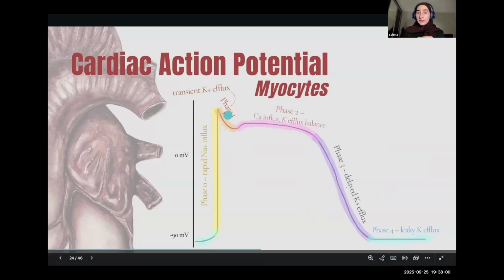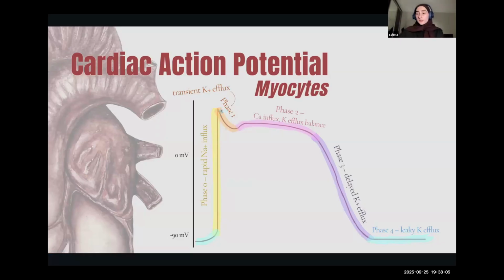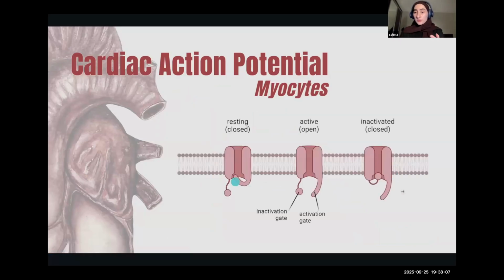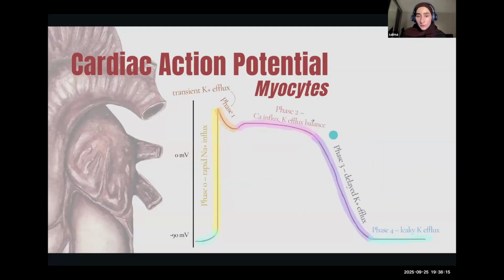However, once you're at a positive membrane potential, once you're all the way up here, the channel is just going to shut. As you can see, it has two gates, this one and this one. Once this gate shuts down, it will not open up until you have a negative membrane potential again. So it's going to be inactivated from here all the way up to around here. Okay?